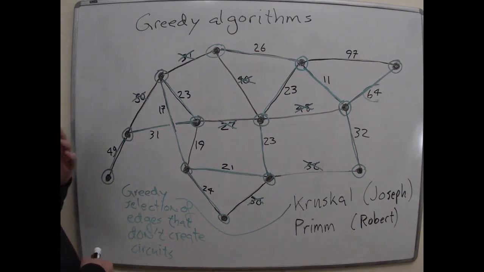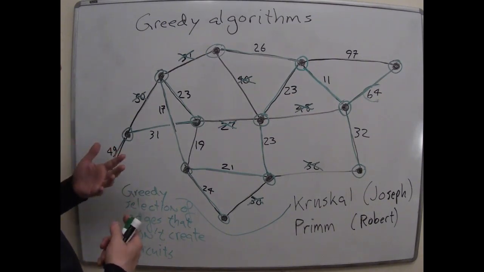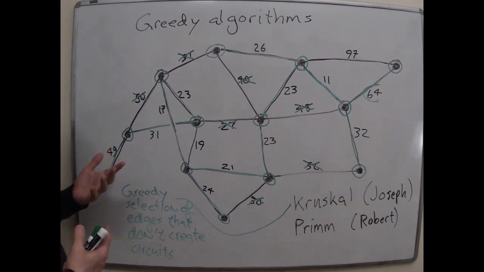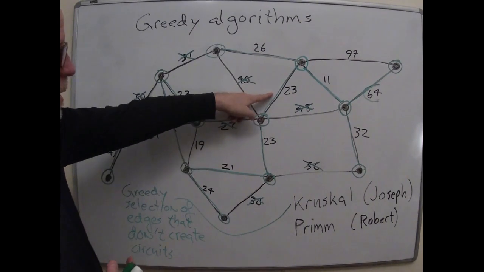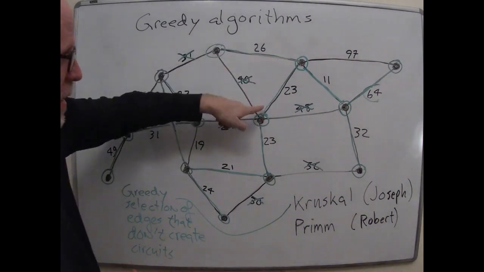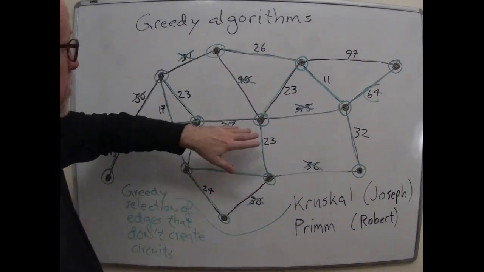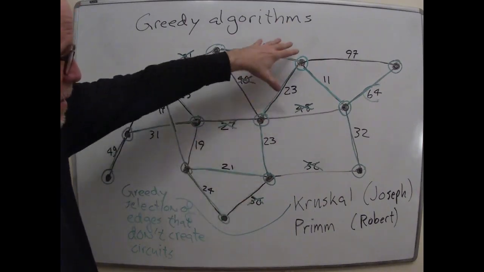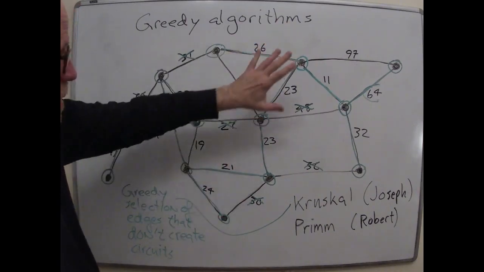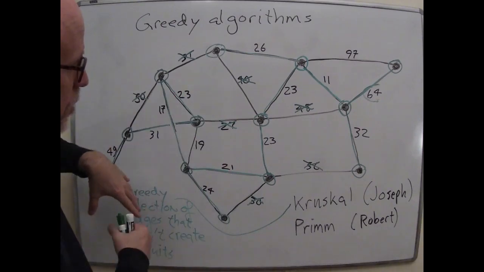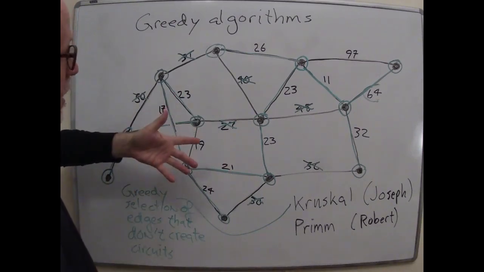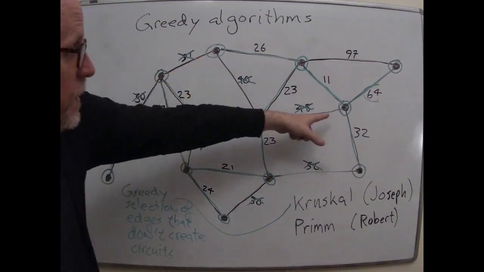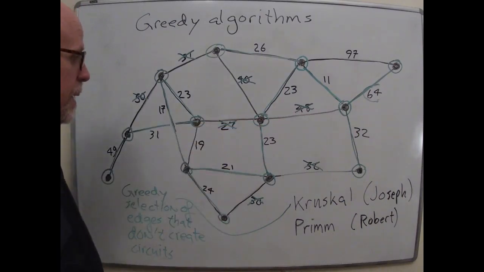I mean, if, for instance, how about this 23 right here? If I didn't use that edge, then I would still need to make sure there was connections between these two sort of groups of things, the things up to the upper right and the things down to the lower left. How could I make that happen? Well, I would have had to use something more expensive to do it. So it's an interesting point.